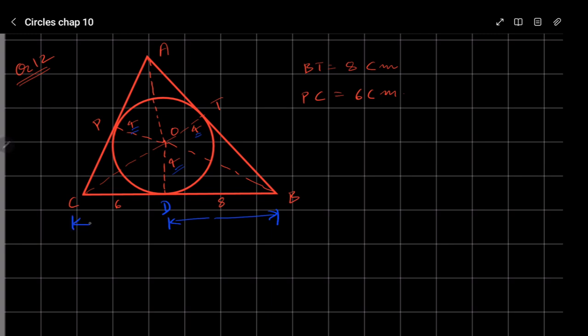And CD is 6 centimeter. So this is what is already given.